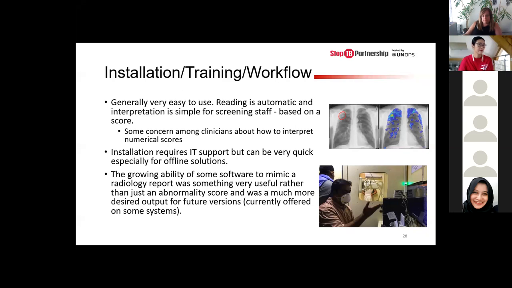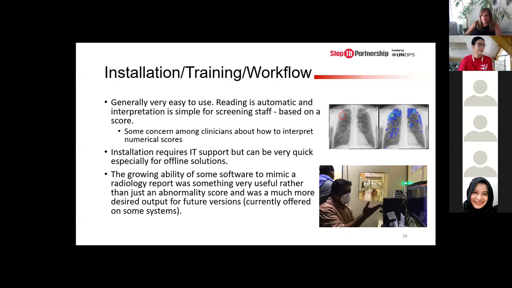There was some concern in certain instances with clinicians who may receive a score that they see as a very high number, but the patient clearly doesn't have TB or has a negative test. So that sometimes could cause confusion around interpretations. That was mentioned.